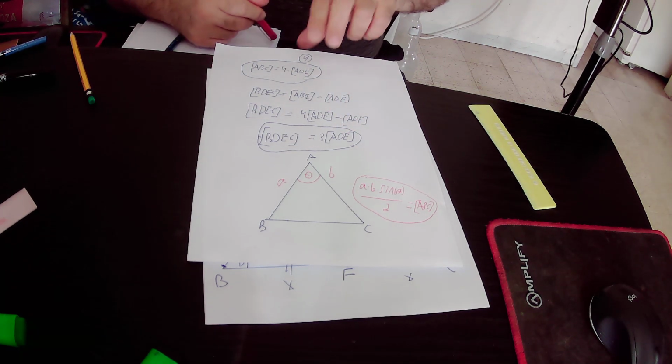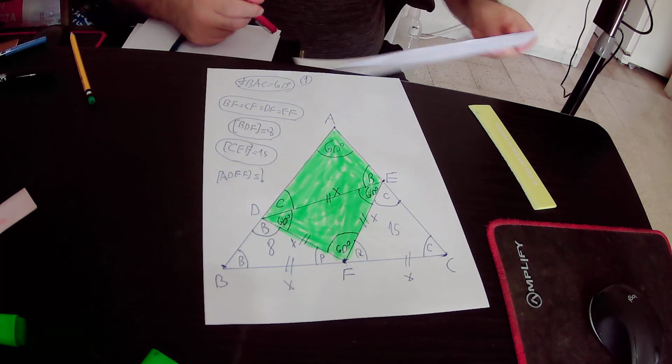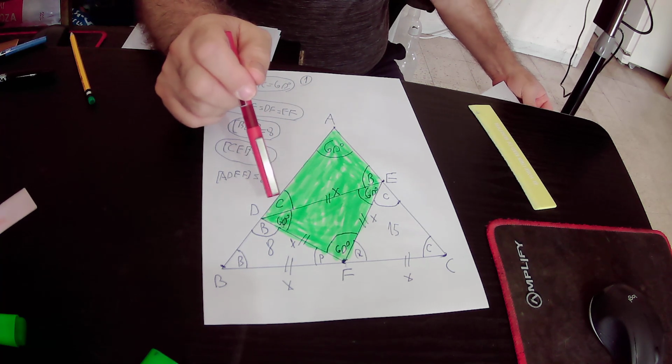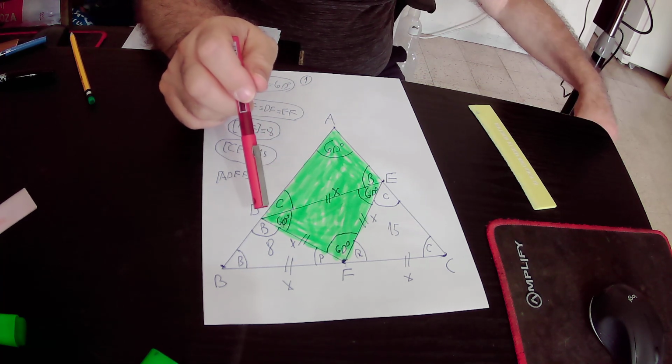Okay, so we use this formula in order to calculate the areas of the big triangle, triangle EFC, and the area of the small triangle, triangle DBF.